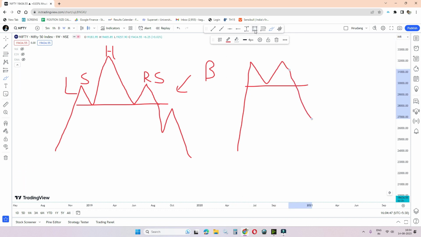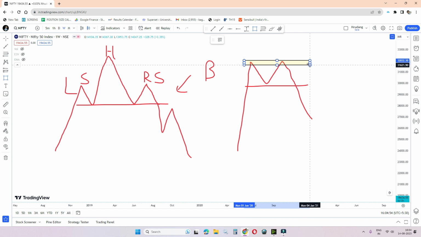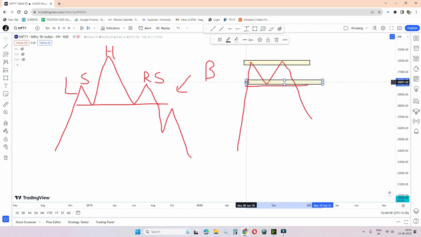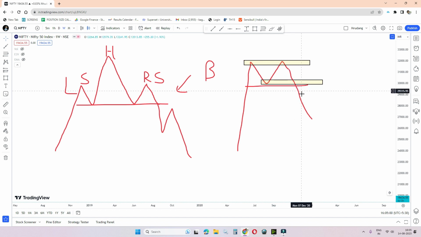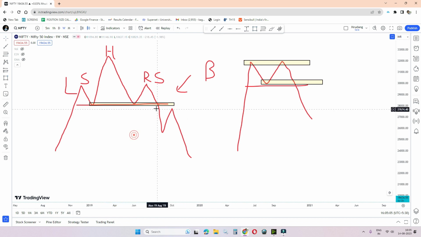If we try to correlate it with support and resistance, this one is the resistance and this one is the current support region. When the support region breaks down, it falls. More or less there is a possible pullback, but try to enter on the breakout as soon as it breaks out, because pullbacks here are very small, as the stock falls quickly.